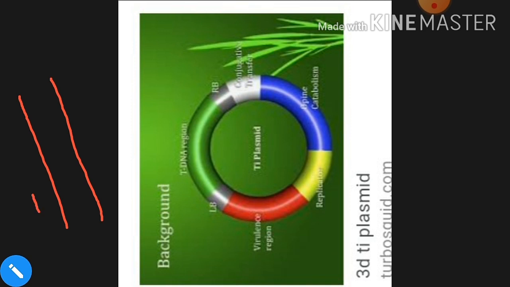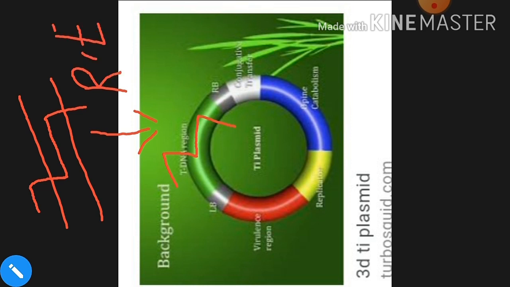First we have to make a cut like this, and we will also make a cut like this. And the same restriction enzyme we will use here. We will make the cut with a restriction endonuclease enzyme, so that we can cut at the same site for making a sticky end.